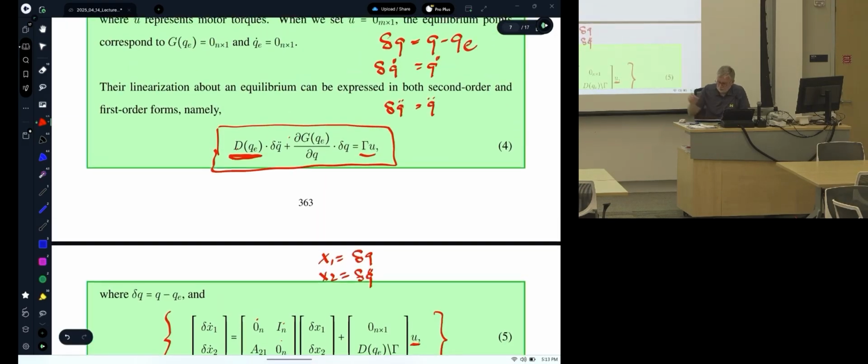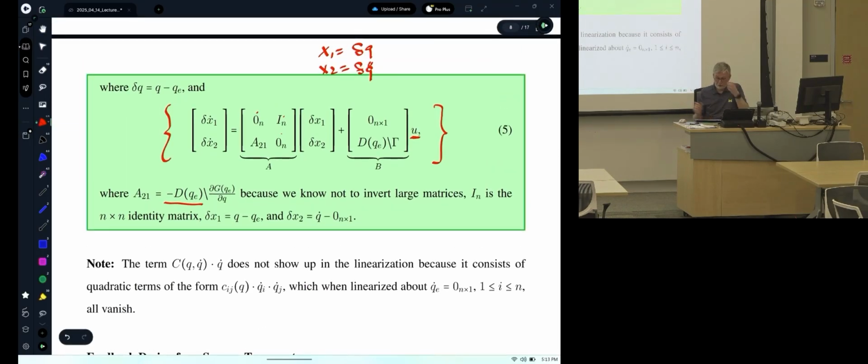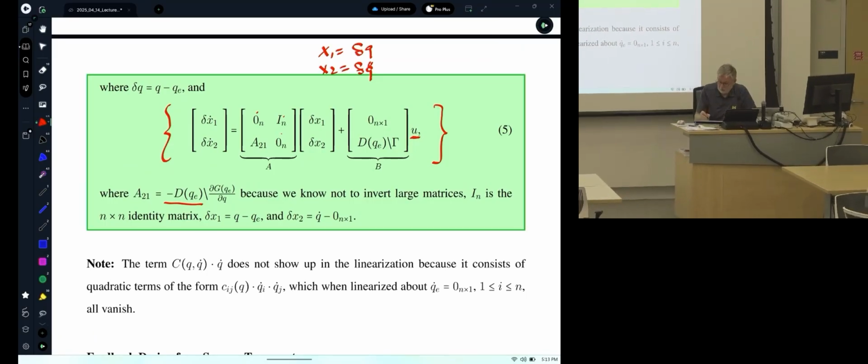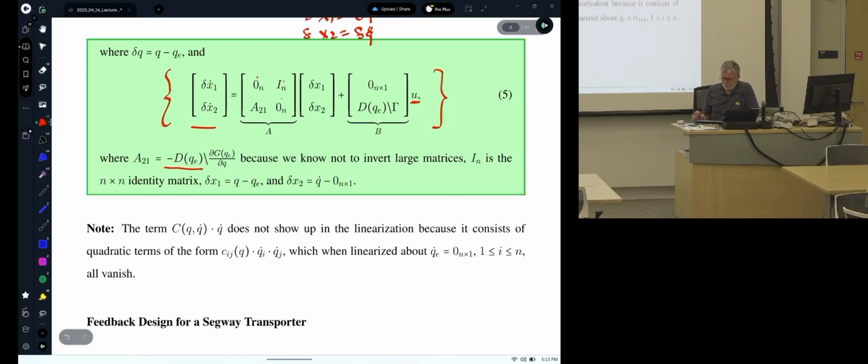And then we need to take the G on the other side and just isolate the Q double dot. Okay, and when you do that and you choose x1 as delta Q and x2, or I guess here I'm writing it as delta x1, delta x2, you get a linear model written in first order, so we can simulate it easily using the standard packages in Julia.